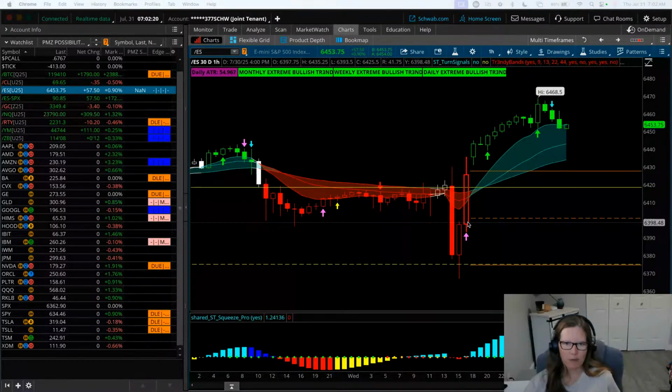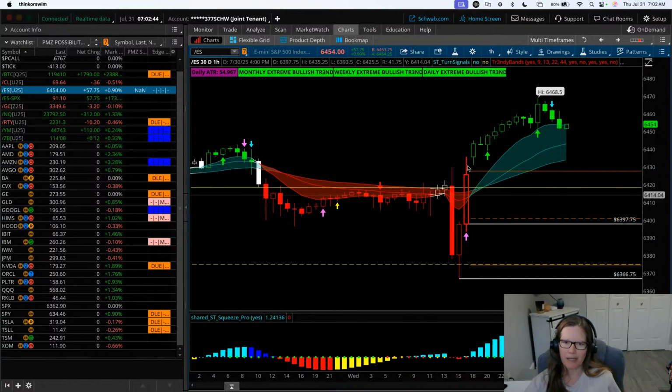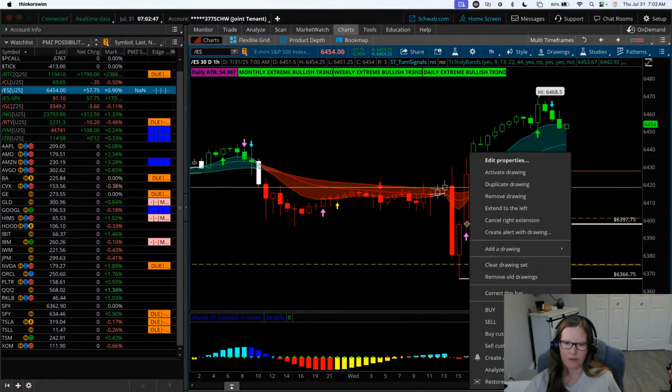So the first thing I want to do, I typically use a 2-hour chart to set these buy and sell zones. But on the 2-hour chart, I don't have a clean candle formation. So I step down to a 1-hour chart, and you can see here, right here on ES, that big pullback yesterday when Powell was on the mic, that created a nice inside candle followed by a powerful candle up.